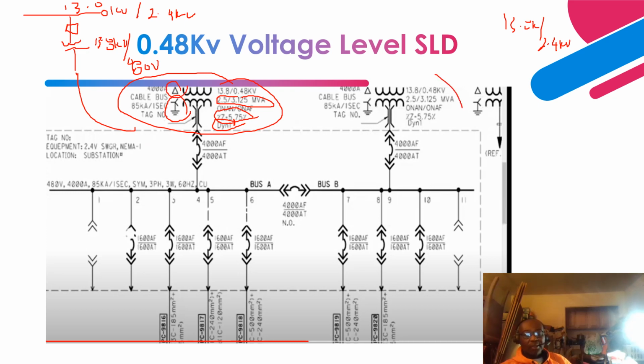Similarly for this one, this is the incomer breaker. The incomer breaker shows that the frame has a rating of 4,000 amps, and the trip plug has a rating of 4,000 amps.